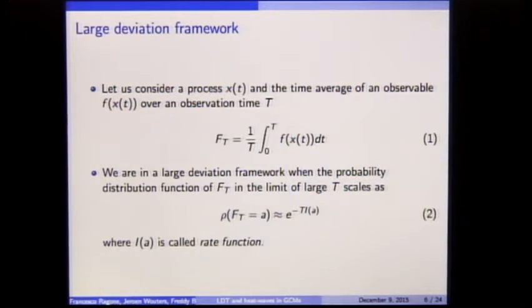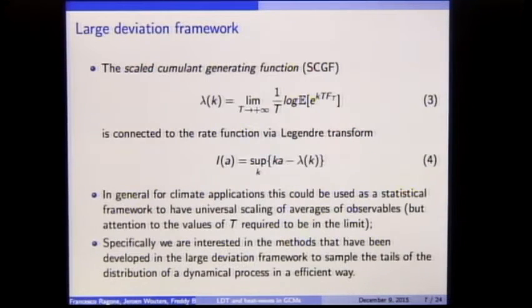I consider the average over a long time, and then I say I'm in a large deviation framework when the probability of this average scales in a certain way with t. So my large deviation parameter is the observation time, and I have a rate function which tells me the shape of the distribution. And in this regime, it is connected to the scaled cumulant generating function via Legendre transform. Fine, this is the basic thing.